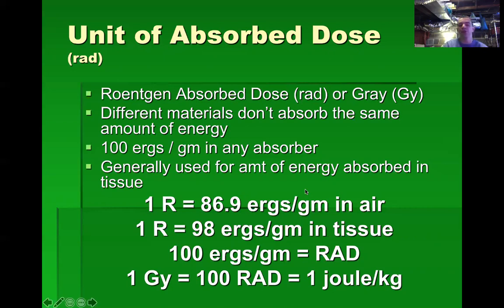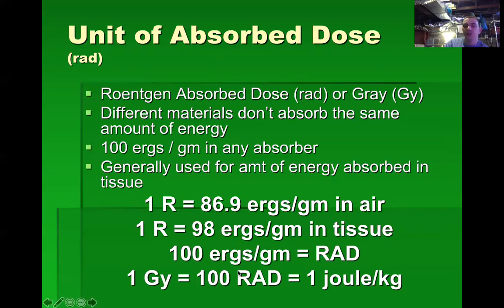Fortunately, it's very close, so you really can say that 1 mR equals 1 millirad. It's close enough, but it's important to understand that it's not exact. It's not a clean transition like some other things.